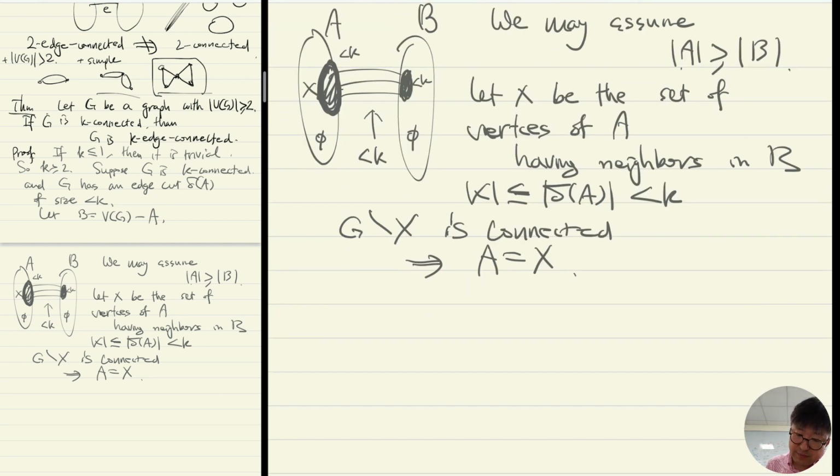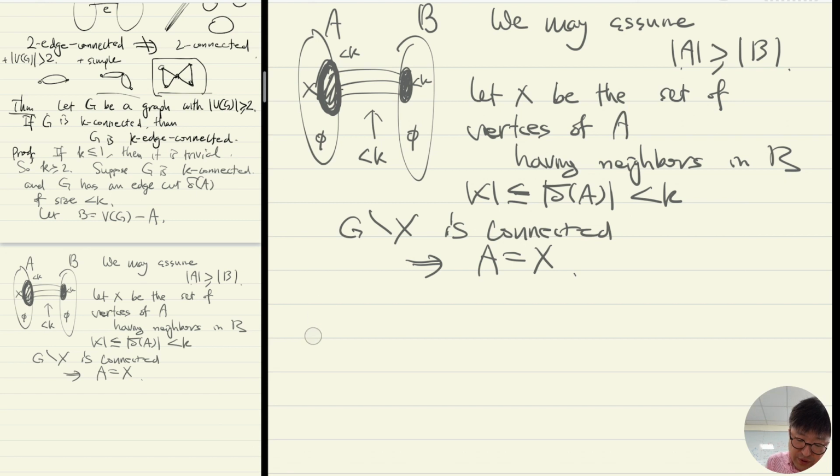Now, if graph G has more than 2k vertices, this could be the end of the proof, because this set has size less than k, the graph has less than 2k vertices, but that's not the end, right? We only know the graph has more than k vertices, so there's still a gap.